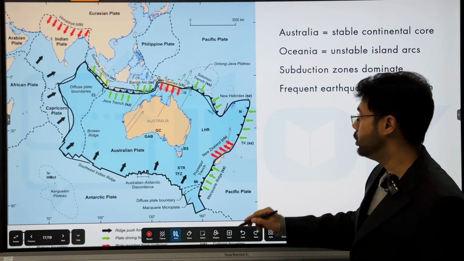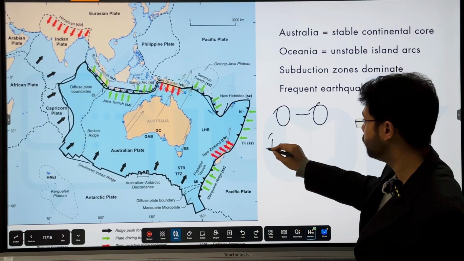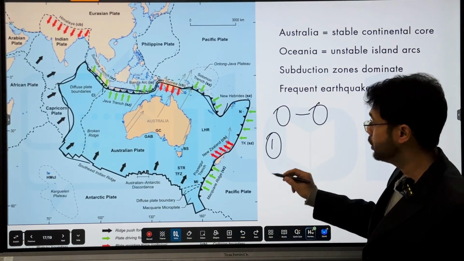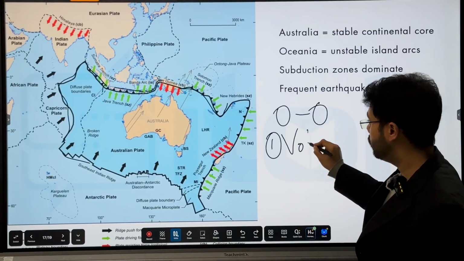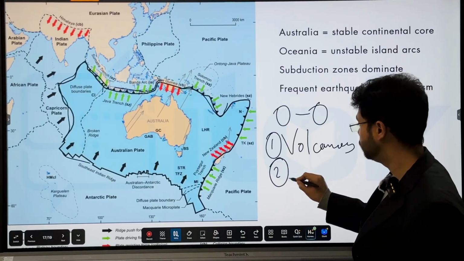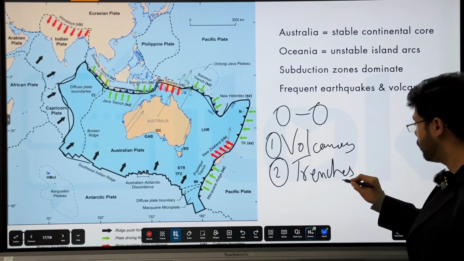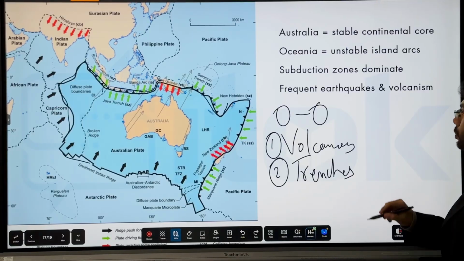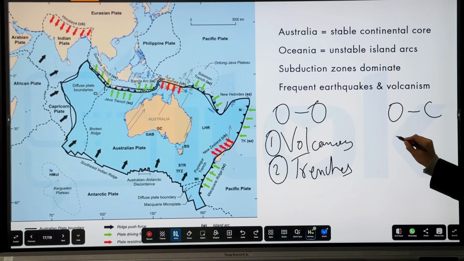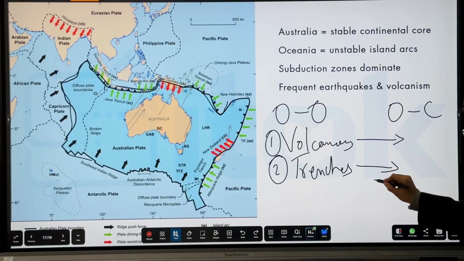Now, ocean collisions, what do we have? Ocean means a liquid is involved. Liquid is involved means there are volcanoes involved. That means there are trenches involved. Young fold mountains? No. Young fold mountains are in ocean-continent collisions. Trenches are present here.